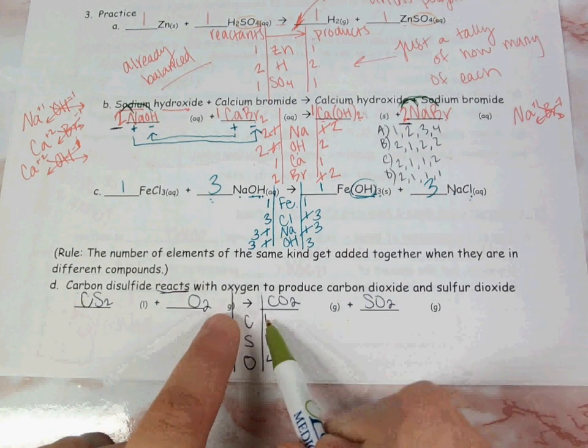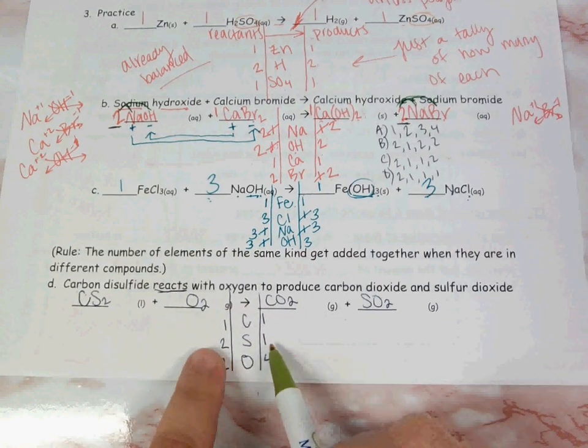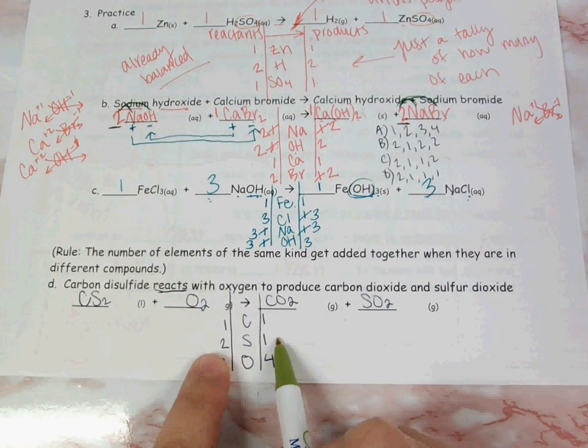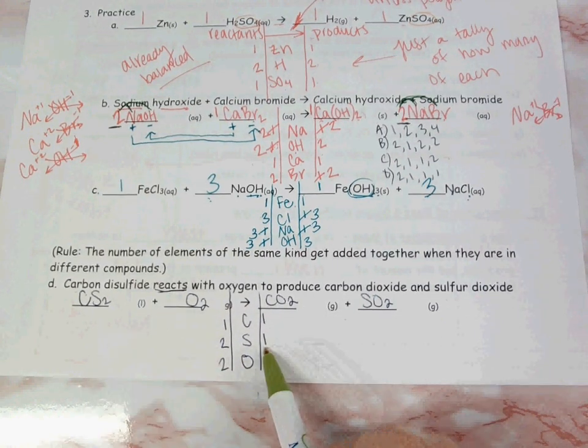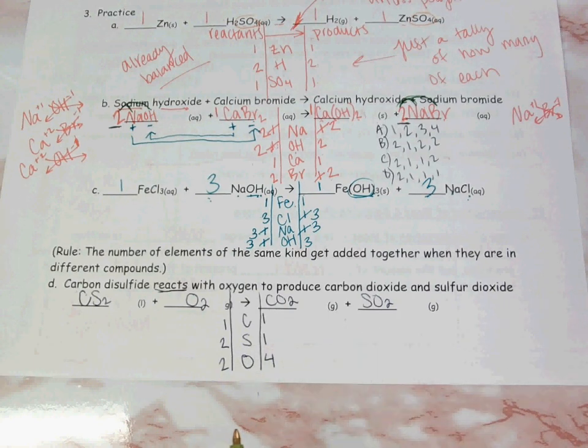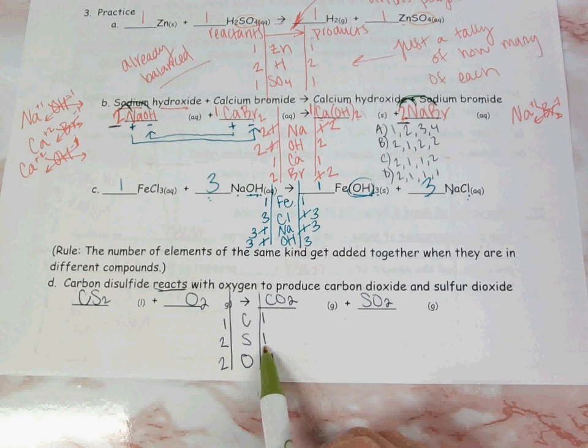So then my carbons are already balanced. My sulfurs are not balanced. I have 2 on my reactant side and only 1 on my product side. So where am I going to put a coefficient, and what coefficient will help me?